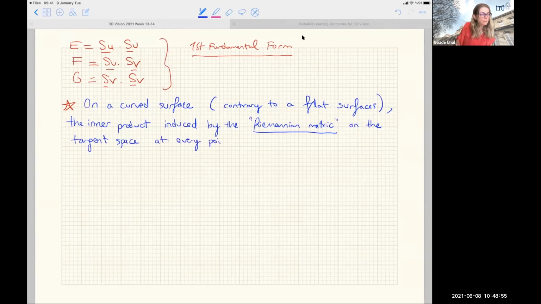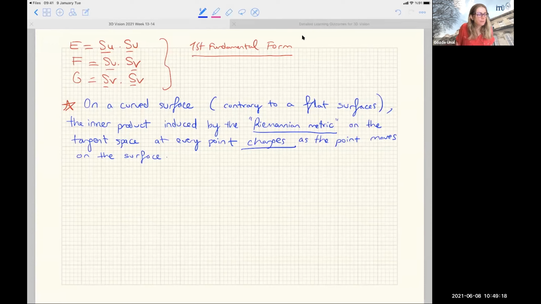This is important, guys: the Riemannian metric changes as the point moves on the surface.